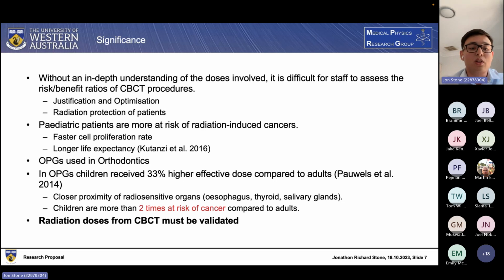This was attributed to the closer proximity of radiosensitive organs, such as the esophagus, thyroid, and salivary glands, within the beam, because with the same field of view as the adult OPGs, the thyroid and other radiosensitive organs were included in the beam. This resulted in estimates of more than 2 times higher risk of cancer compared to adults. So because of this, it's really important that the radiation doses from cone beam CT be validated, especially for pediatric cases.